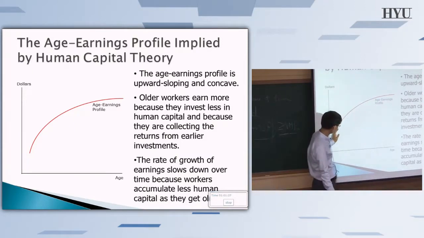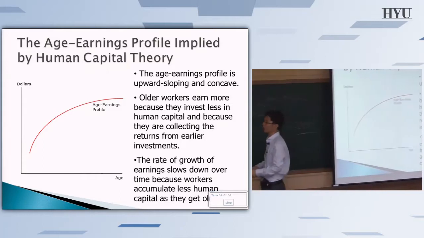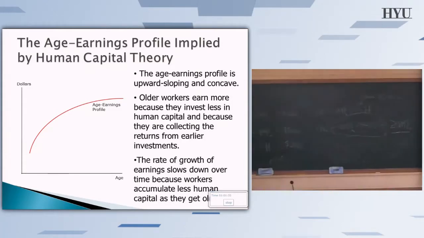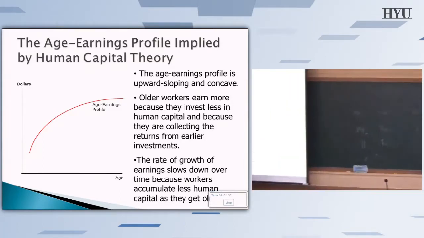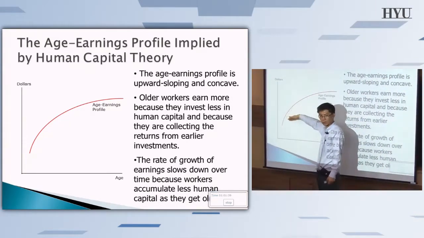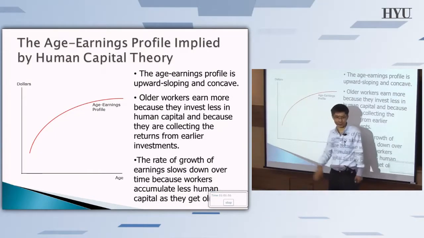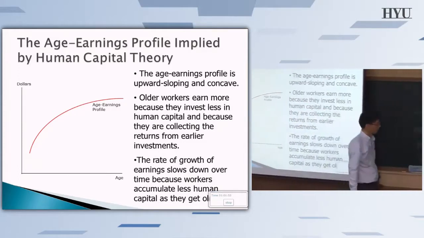This is how the age earnings profile is theoretically imagined. It starts with low pay, they get training first, and then later they collect the return from the training and pay less and less for training. So the income will increase, but with slower and slower speed.